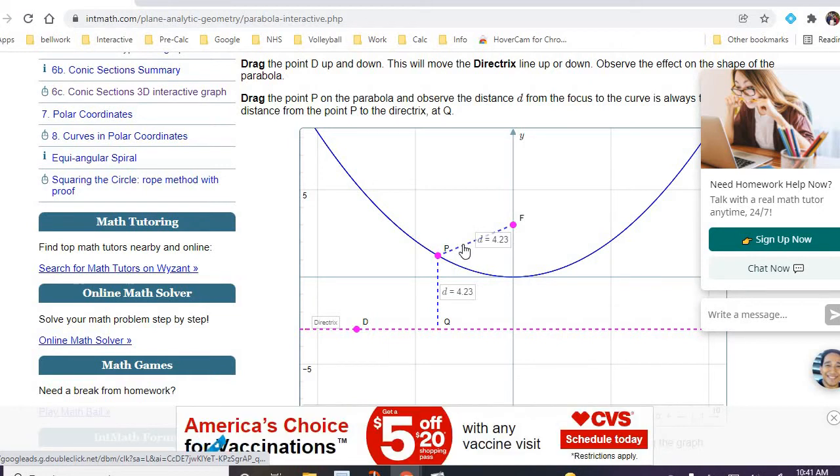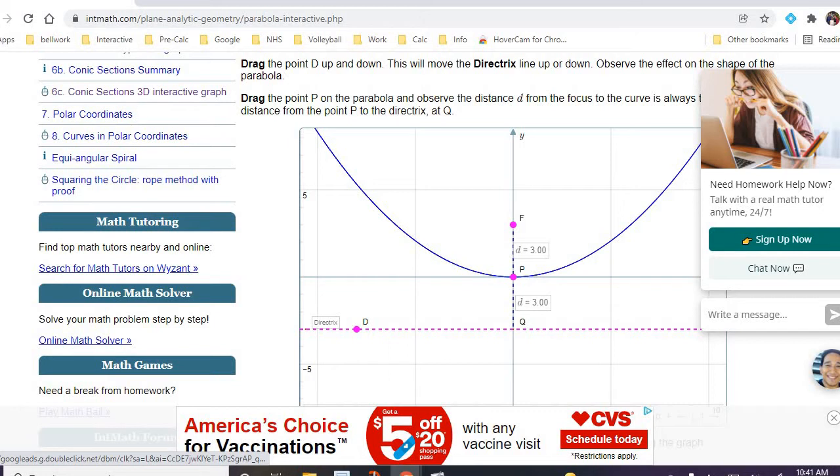Like, they're both 4.23. Now notice, as I move this point, what happens to both of those? Yeah, so basically, and then what would this point down here be? Yeah, but what is this point in context to my parabola?